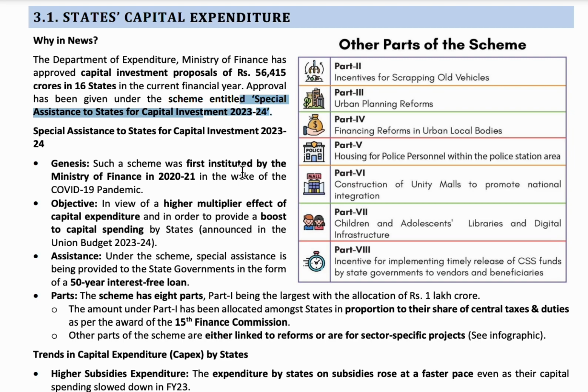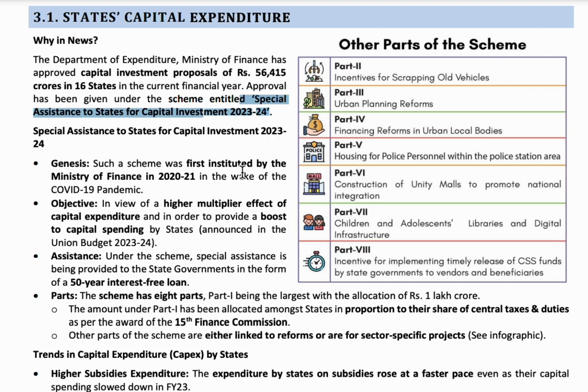So depending upon the central taxes and duties, the loan amount is approved. Under the 15th Finance Commission report, central taxes and duties are kept as the basic structure, and based upon those, the capital expenditure is allocated to the 16 different states of India.